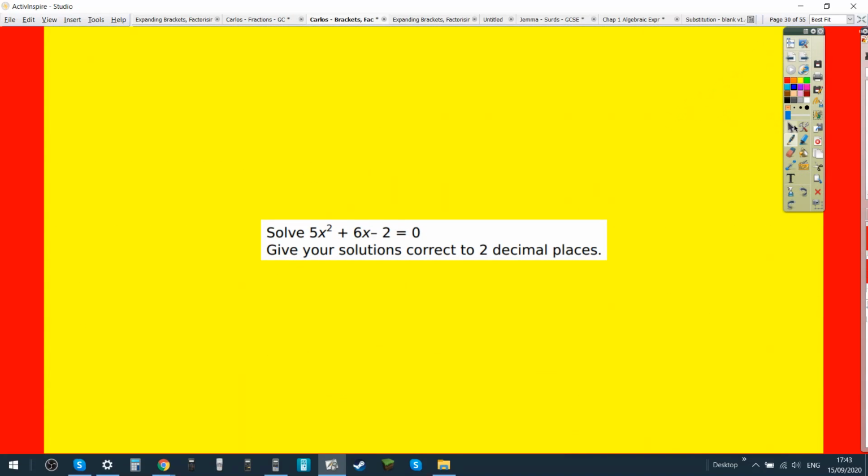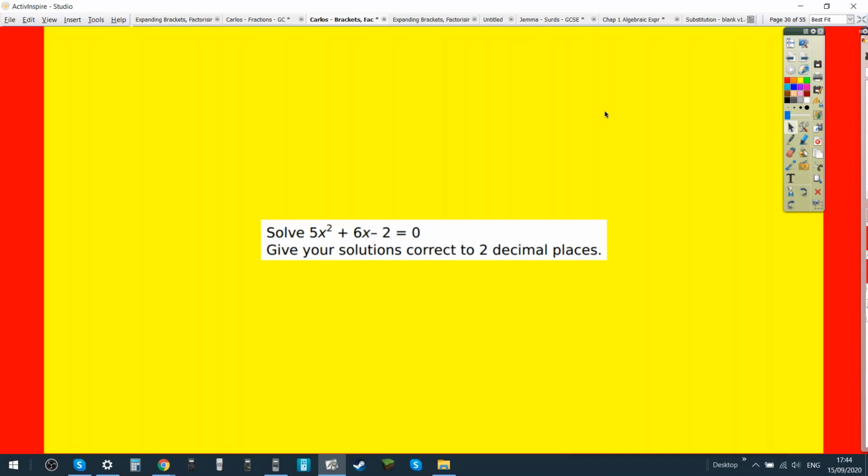Okay, so let's try this one. Any idea about this? How do you do this one? Same way.